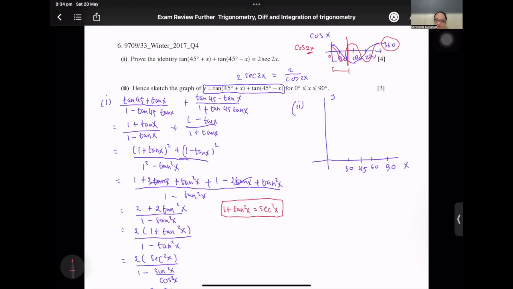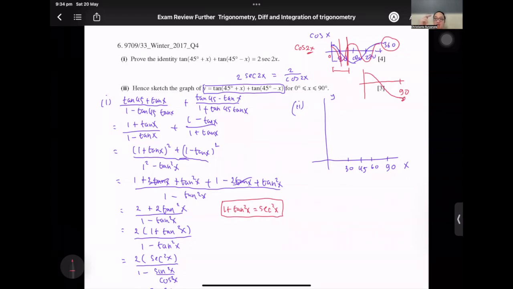So I redraw the graph here, until 90. So we can see that the line is here. Yeah, the line is here. We can see that it's minimized at 90, like this. Yeah, like this. This is cos 2x.